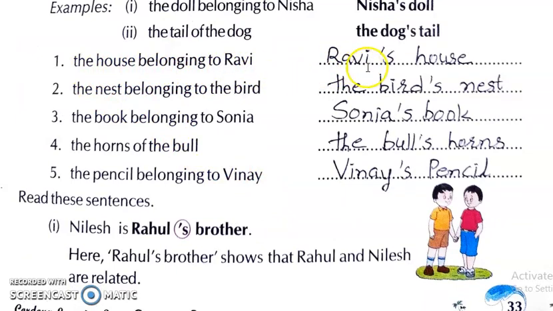So we will write Ravi's house. The nest belonging to the bird, we will write bird's nest. The book belonging to Sonia, so we will write Sonia's book. The horns of the bull, so we will write the bull's horns. The pencil belonging to Vinay, Vinay's pencil. So like this we have to use apostrophe s.